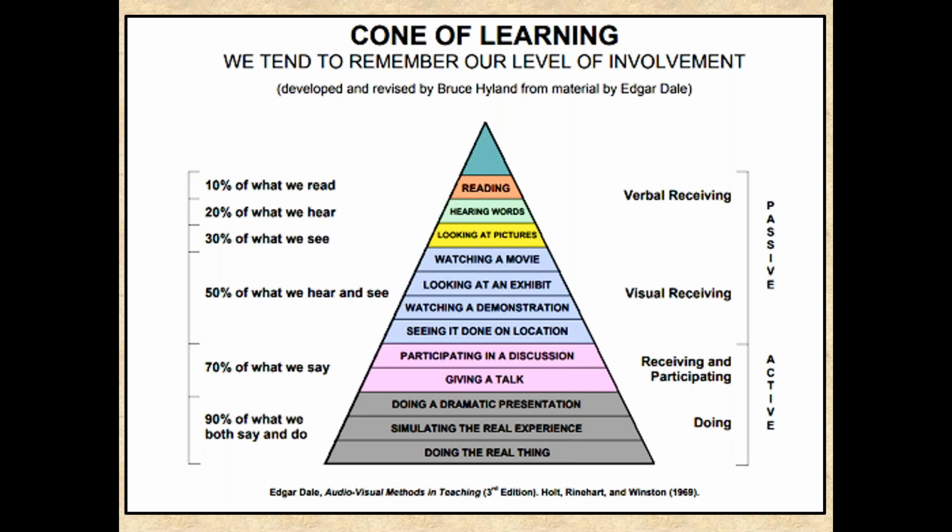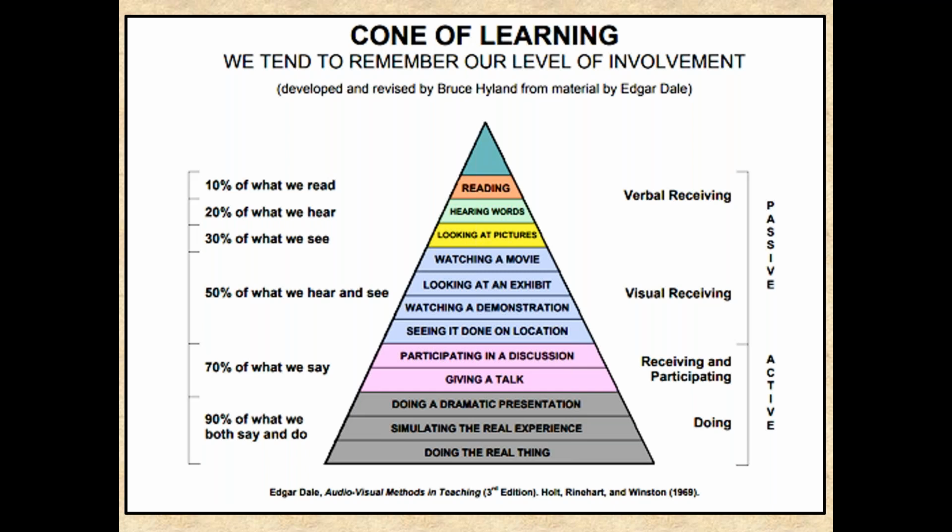This is showing how much a student or a learner will retain after 2 weeks. So we can see here in the top part of the cone, it is the passive methods of learning: reading, hearing words, looking at a picture, watching a movie. And as you go down, you can see it is participating in a discussion, giving a talk, and at the bottommost is doing something real.